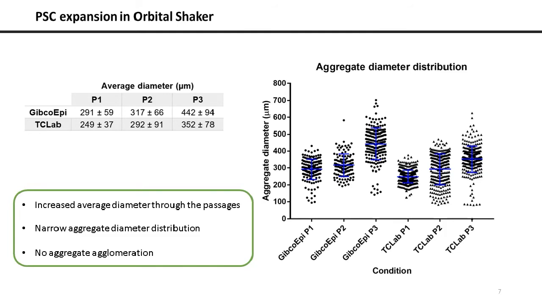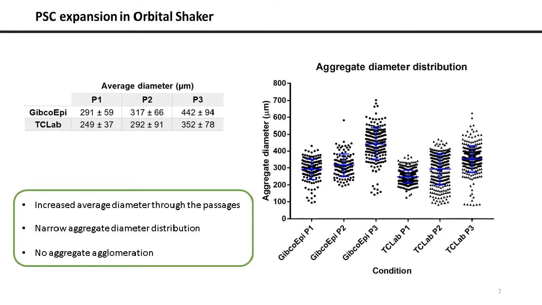As we can see, we have narrow populations of aggregates, both in the Gibco epi and the TC Lab, and we can see an increase in the aggregate diameter at the last passage, SP3, but that's mainly because that's the only passage where we let cells grow for 5 days instead of 4. Nevertheless, it's very important that we didn't have any aggregate agglomeration.